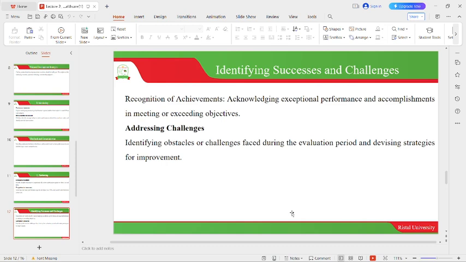Maybe I have some issues with you at home or somewhere, and then you bring the issue here. Instead of appraising my performance fairly, you end up bringing issues which are not related to work. These are some of the challenges we face in evaluating employees' performance in an organization. So that's about the challenge and reviewing.